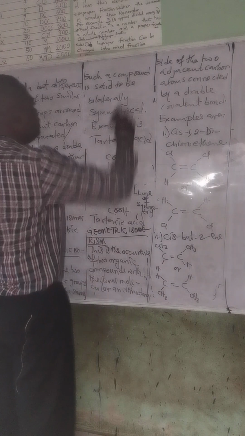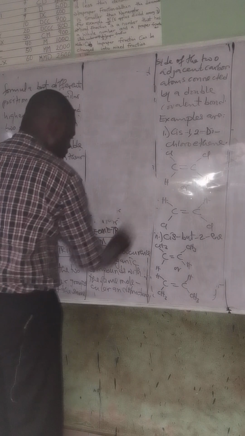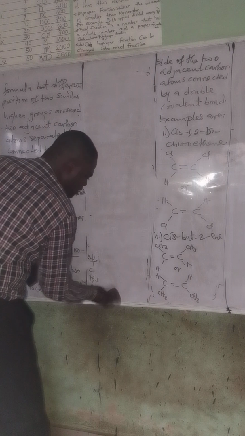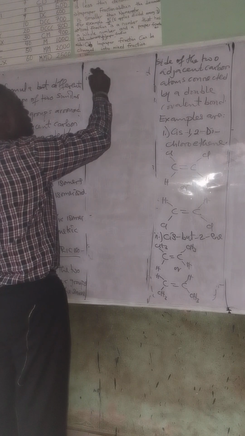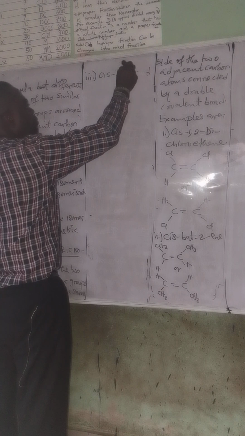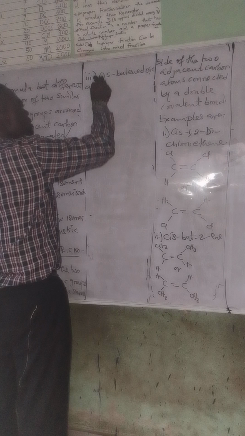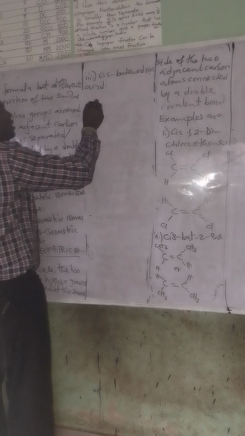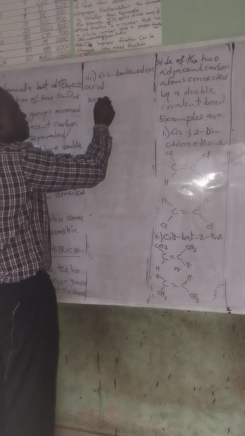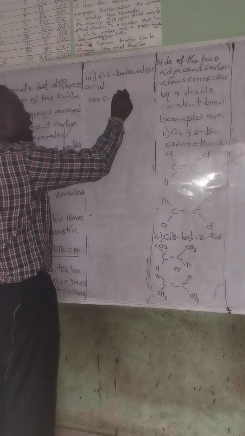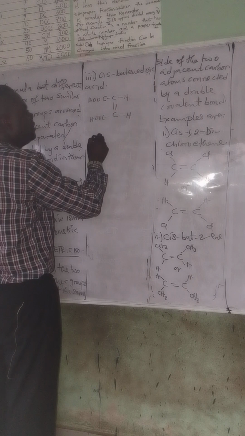Another example, number 3, is cis-butenedioic acid. So that one you can have something like this: HOOC, there's a double bond here, hydrogen, HOOC, then you have hydrogen.